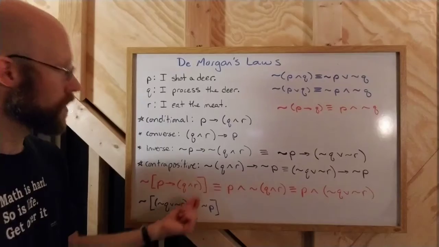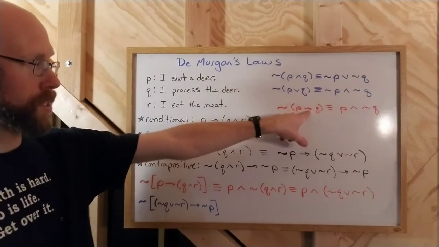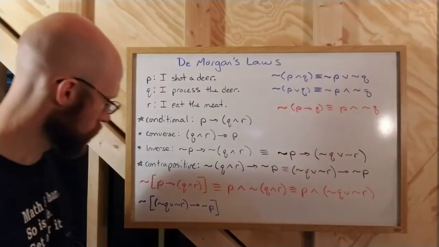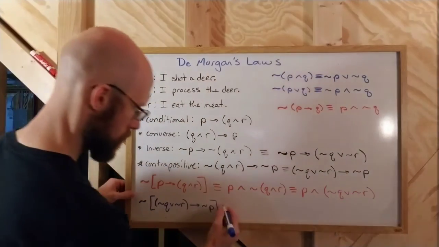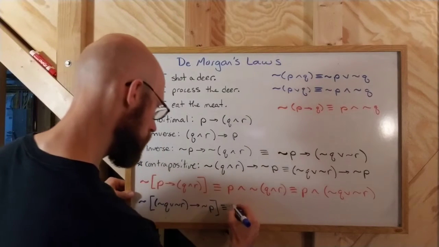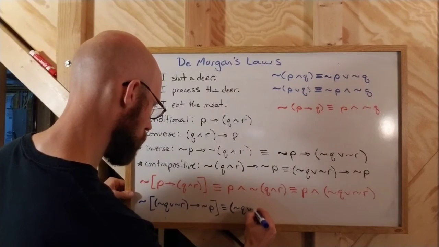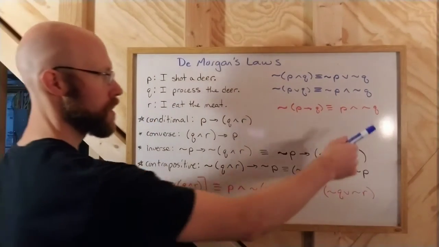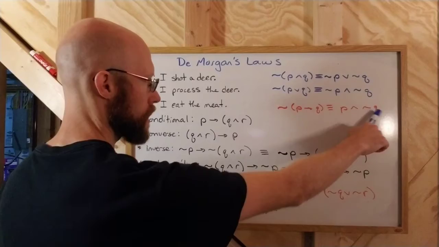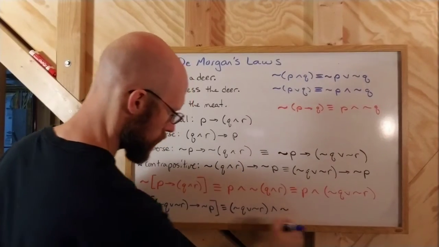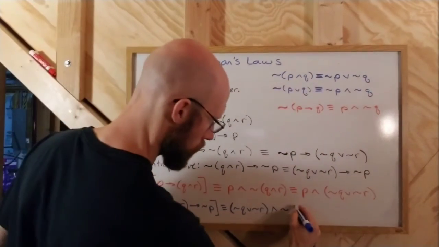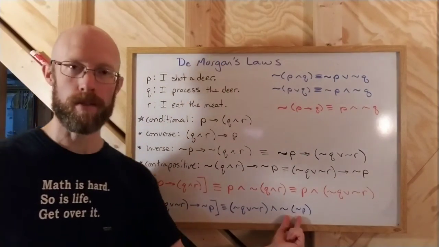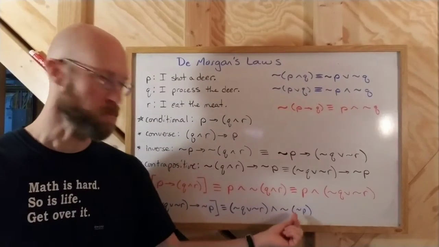Okay? Alright, so I'm going to negate that thing. Now again, the negation of a conditional is the antecedent and not the consequent. So I want the antecedent, which is not Q or not R, and not the consequent, which is not P. Now I do know that a double negation is actually just P, right?